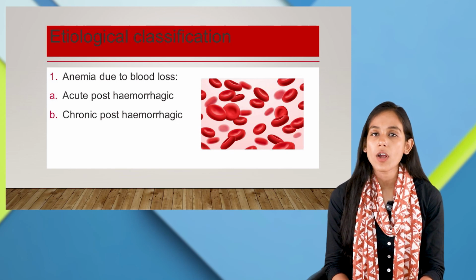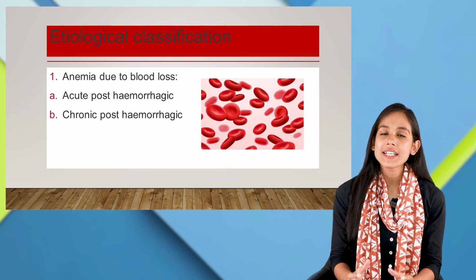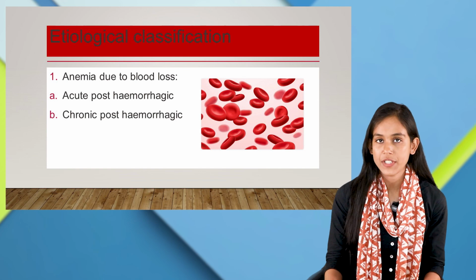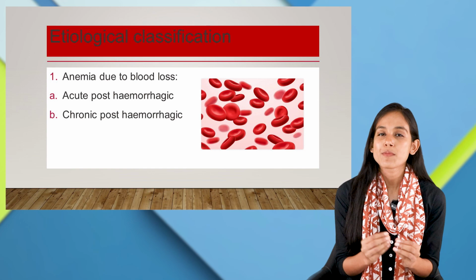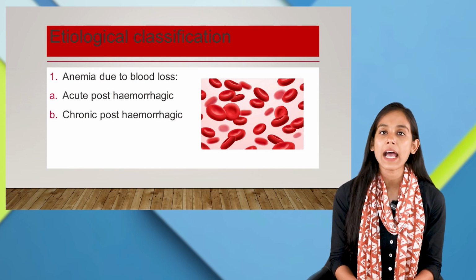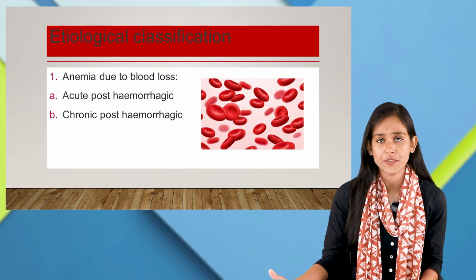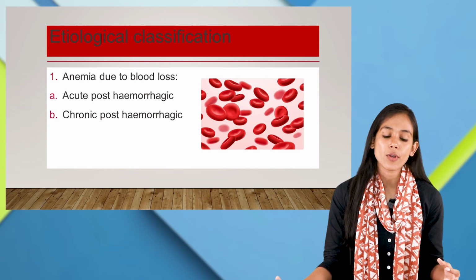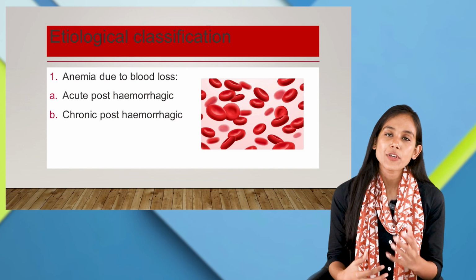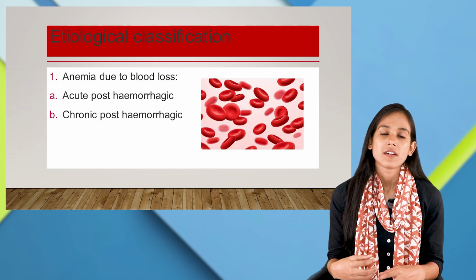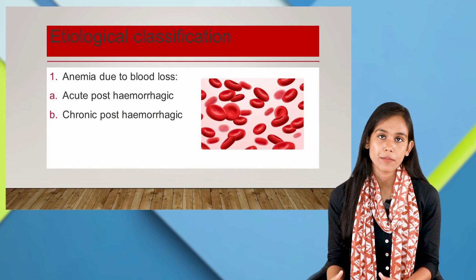The next is chronic post-hemorrhagic, which happens over a period of time. Here there will be a small amount of blood loss, but it will happen over a long period of time, so it's called chronic post-hemorrhagic. Now, in which cases can there be blood loss continuously from our body?